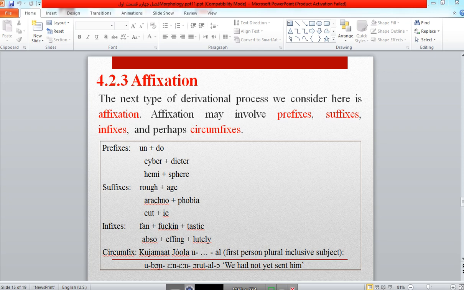So in this session, I want to continue this relationship between derivation and the lexicon. The other term which I want to introduce is affixation. So we can say that the next type of derivational process we consider here is affixation.